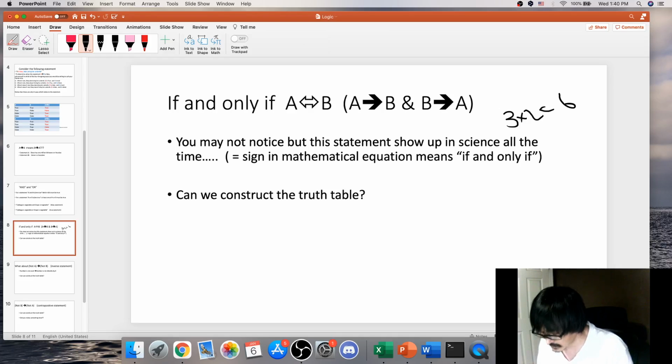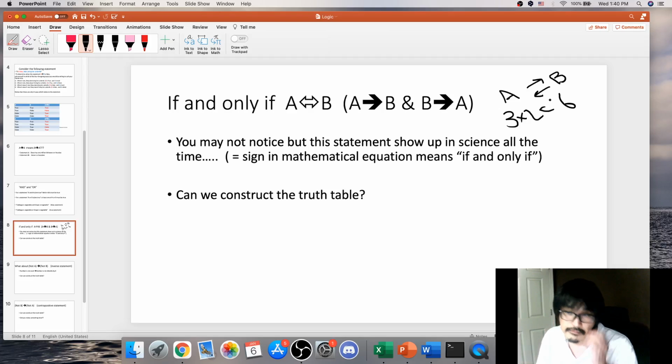Let me just put this: 3 times 2 is a statement A, and 6 is B. Then A implies B, and then B implies A. So the equal sign literally means if and only if.